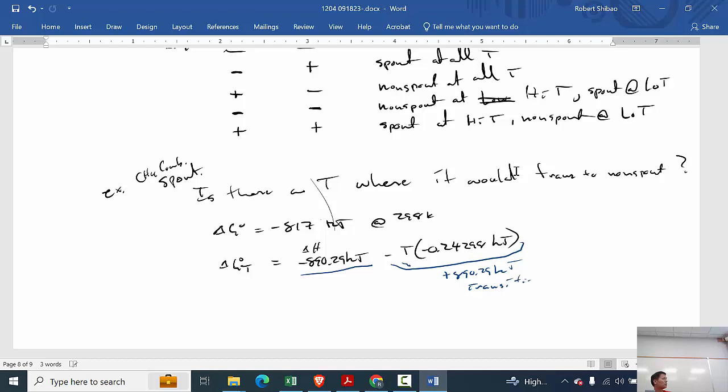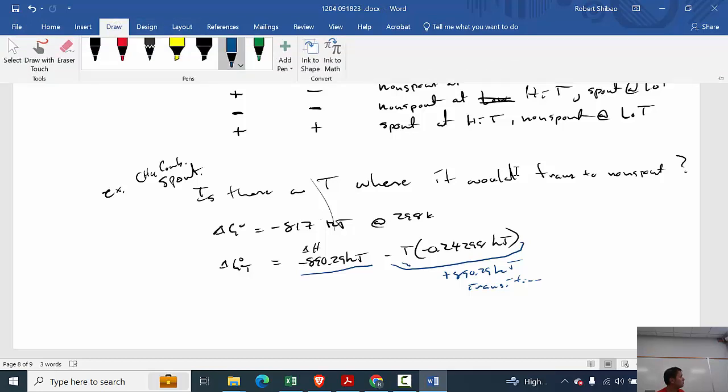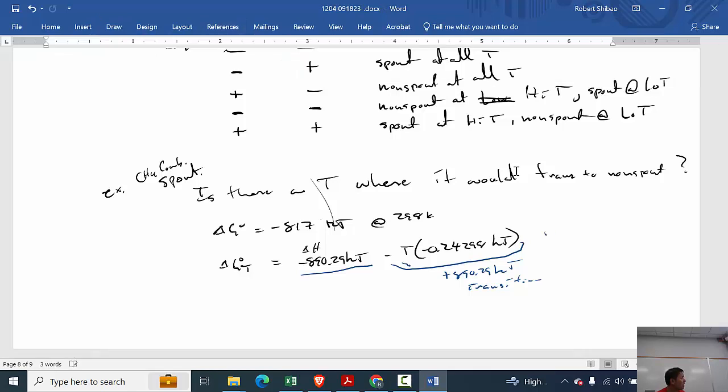And so what is that temperature? At the transition, it's going to go to 0. So I'm going to set this to 0 so that the positive entropy term cancels out the negative enthalpy term.